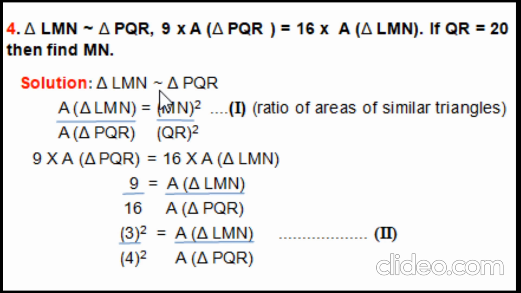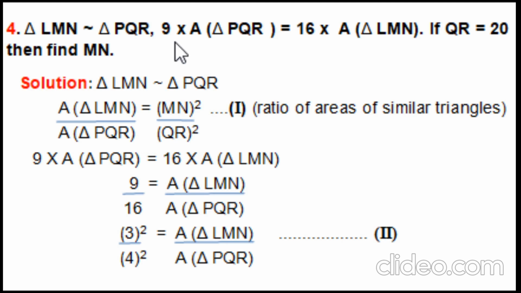In triangle LMN similar to triangle PQR, the ratio of their areas is equal to the ratio of the squares of their corresponding sides, by the theorem on areas of similar triangles. So area of triangle LMN upon area of triangle PQR is equal to square of MN upon square of QR. This is point number 1.